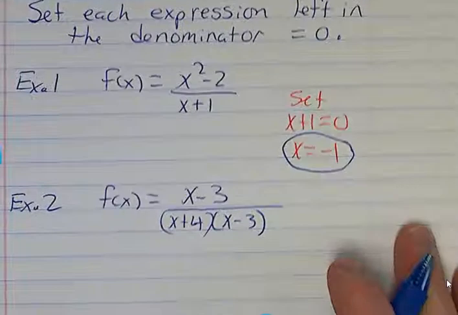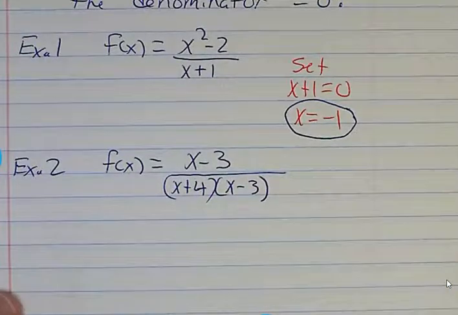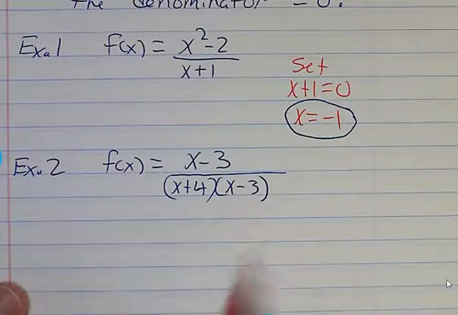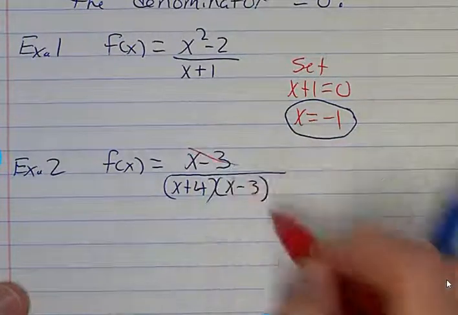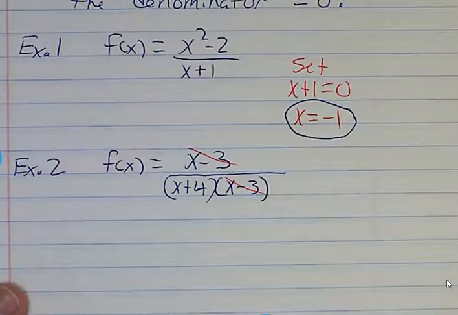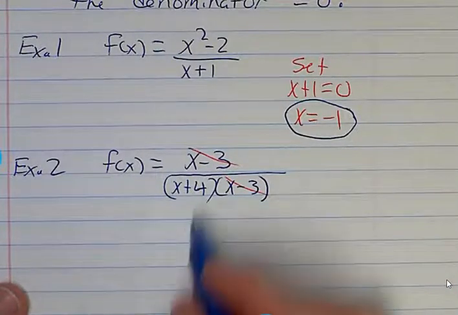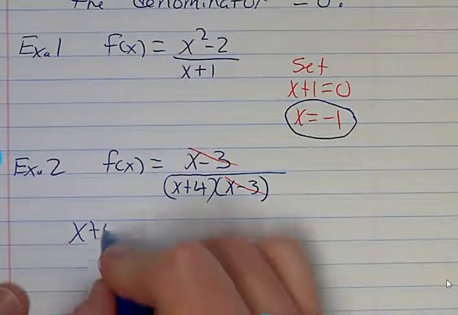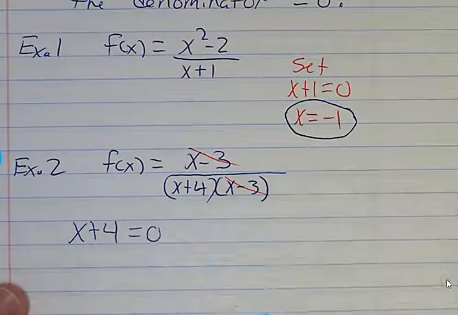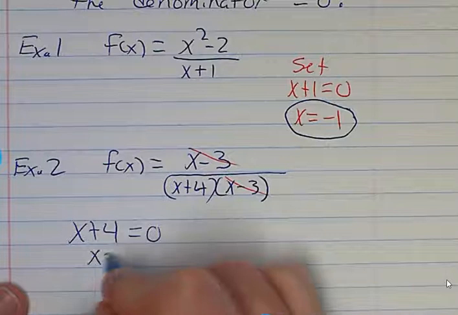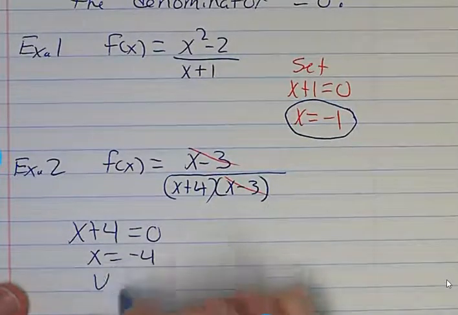Let's go with x minus 3 over x plus 4 and x minus 3. The denominator's already factored out for us, so we don't have to do anything there. Now you're just canceling. Cancel the x minus 3's, which means you're left with x plus 4. So x plus 4 equals 0, so that's x equals negative 4. There's your vertical asymptote there.